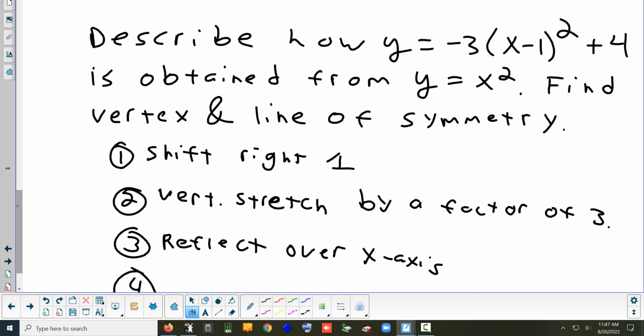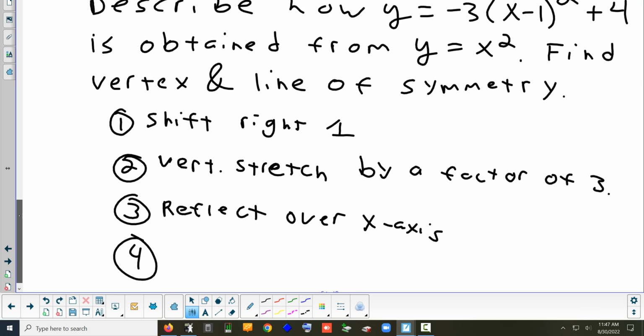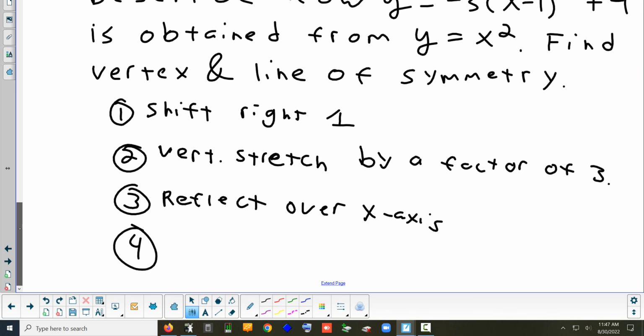Well, what number haven't we used there yet? The 4. Do you remember what the plus, specifically it's a plus? Right, we add or subtract outside of the square function, which is outside the parentheses, it's a vertical shift. So it's shift up 4.